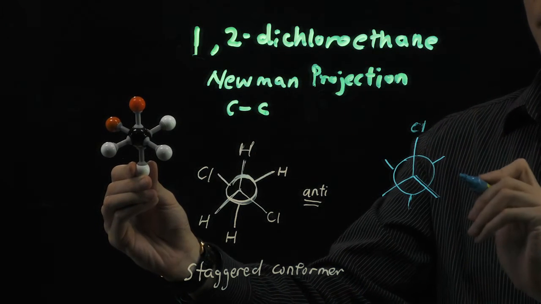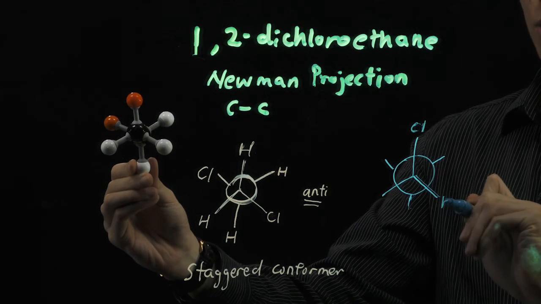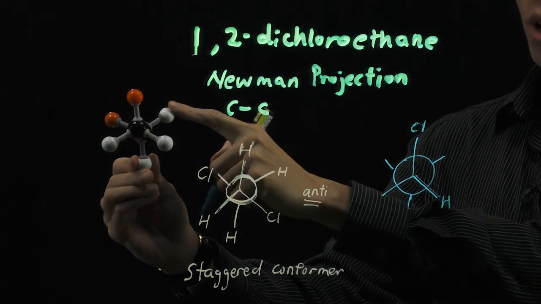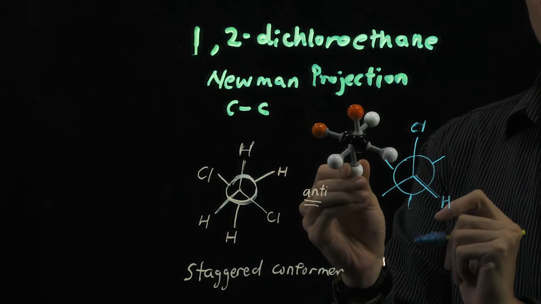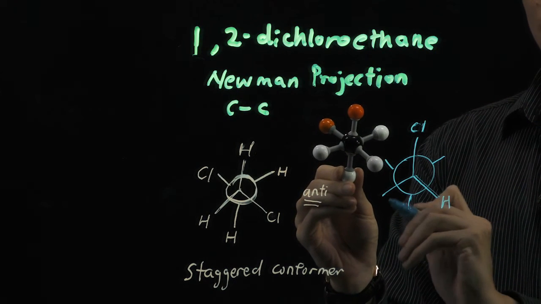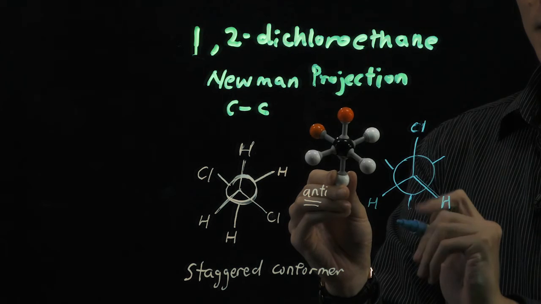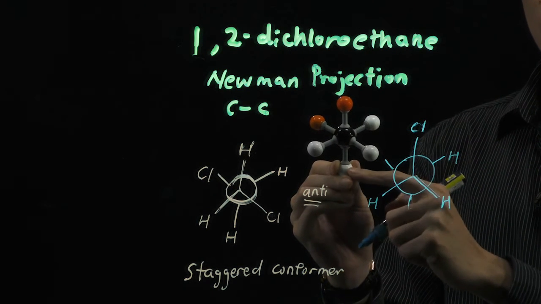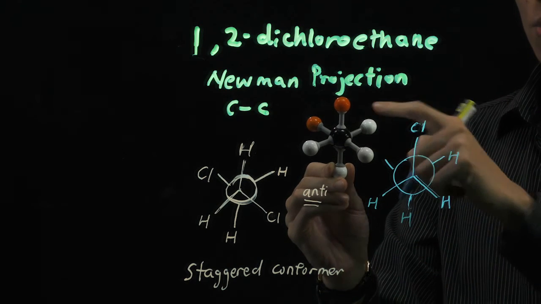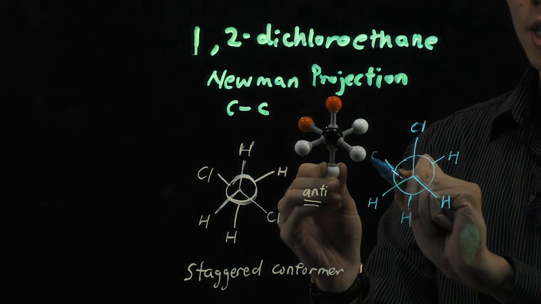On the right, there's a hydrogen. The one on the other side here is a hydrogen. Now the back carbon, here you see a hydrogen. The one pointing down, again another hydrogen. The one on the left here is a chlorine.